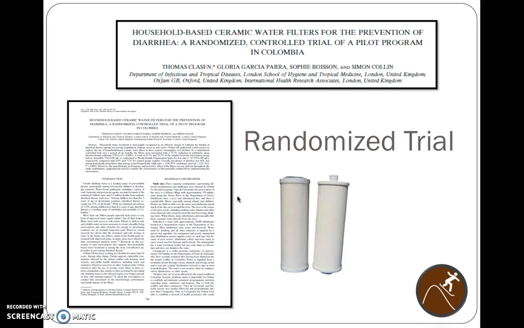So a lot of people think about clinical trials where maybe a medicine is given to somebody and then somebody else gets a different kind of medicine, and they compare the health outcomes among those who got the new medicine versus the other medicine, or in some cases a sugar pill. So in this example, it's a household-based ceramic water filter for the prevention of diarrhea, a randomized controlled trial of a pilot program in Colombia.